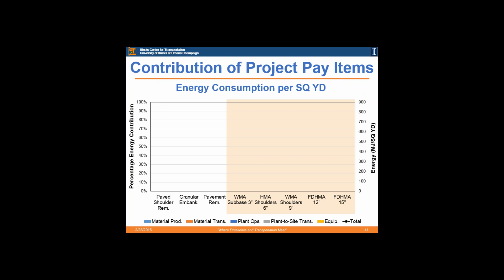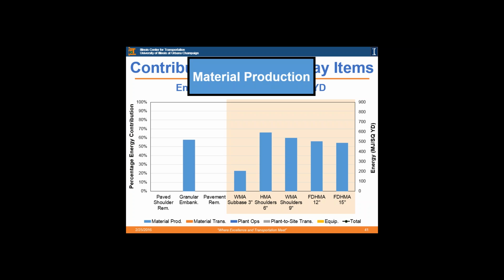So now we'll move on to the pay items and looking at the contribution of energy from the pay items themselves. Here I have from the left paved shoulder removal, granular embankment, pavement removal. And then on the right, we have upper layers, so sub-base shoulders and also full depth hot mix asphalt. We'll go through these in stages.